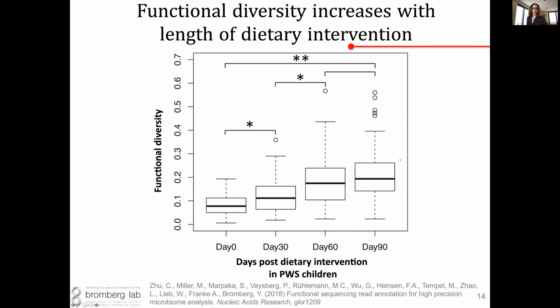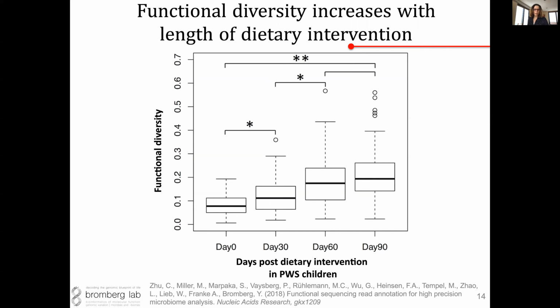On the other hand, as intervention proceeds, the functional diversity, of the functions that are available to their microbiota, increases. And that's an interesting observation, which actually corresponds to what a lot of taxonomic studies say, that microbiota diversify with improvements in health.